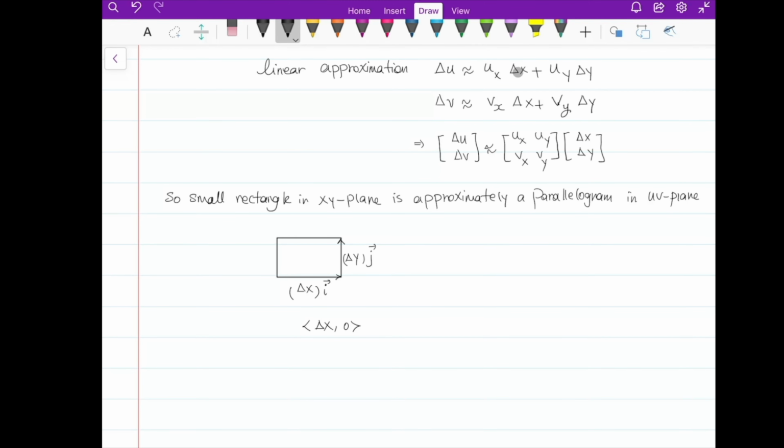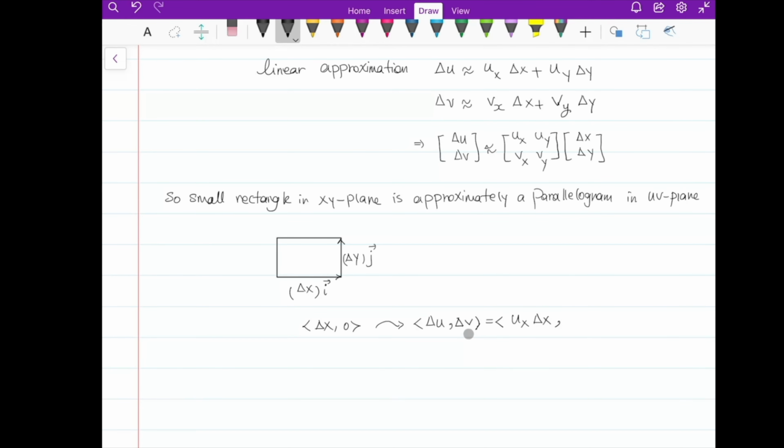So the first coordinate, which is delta u, if I put delta x in here and a 0 in here, it would be u_x delta x.